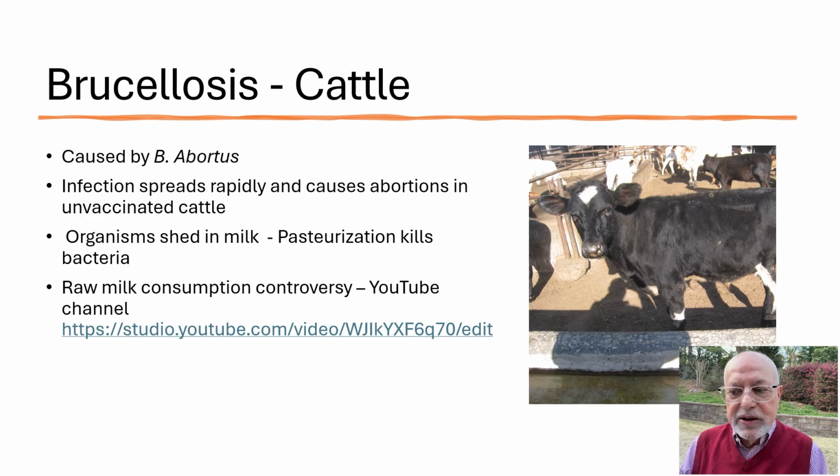Now, in cattle, as I mentioned, it causes abortion, and the main Brucella is Brucella abortus. It spreads very quickly in herds, and many people get this infection from consuming raw milk.